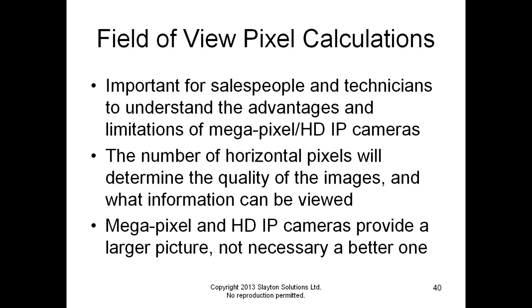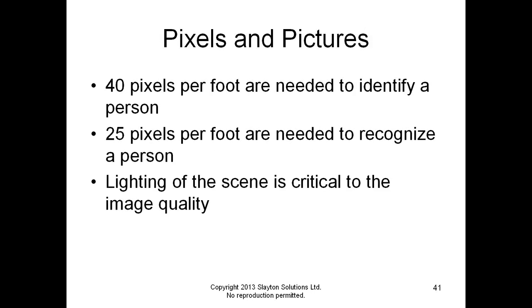You cannot necessarily see farther than you can with a normal resolution camera. You get a bigger picture. That's what you get. And it's the number of horizontal pixels that determines the quality of the image and how that information can be viewed. So we need to think about how many pixels per foot are going to be in our picture.